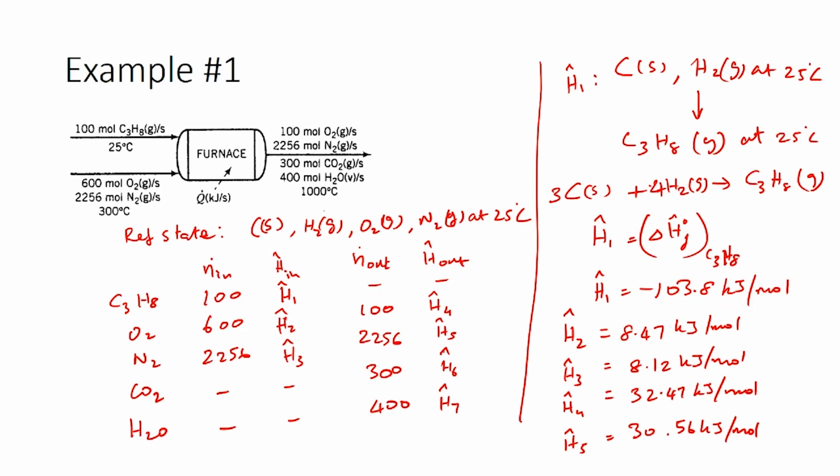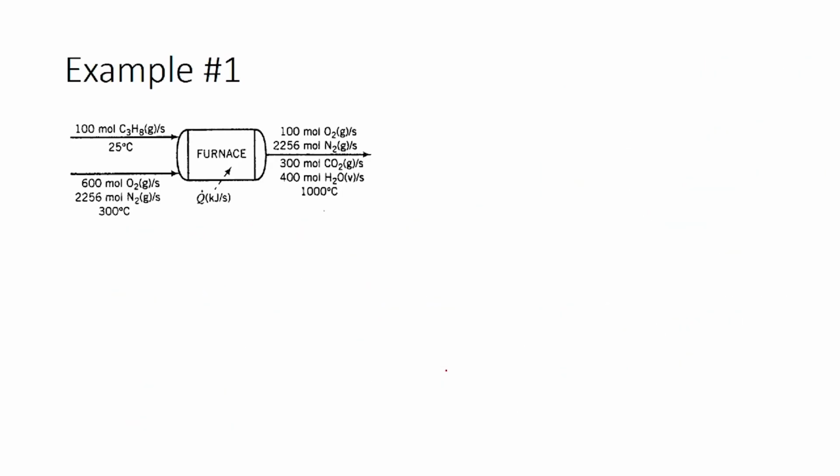Now, the unique thing has to be for H6 cap and H7 cap, where compounds are involved. So, now let us look at H6 cap. What is H6 cap? H6 cap is for carbon dioxide. So, carbon solid in the reference state and oxygen gas at 25 degrees Celsius, which is basically the reference state which we have used, right.